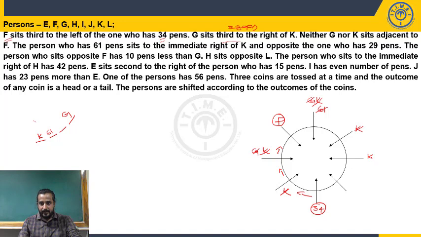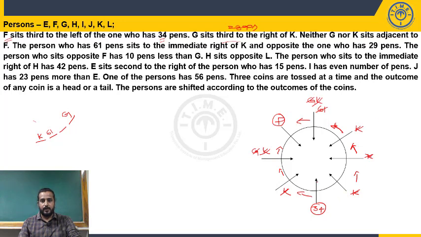If I take K here, first right, second right, third right will get F. But it has to be G. So not possible. Clear? If I take K here, first right, second right, third right will be G. But it is already known that neither G nor K is adjacent to F. So K is not possible here.